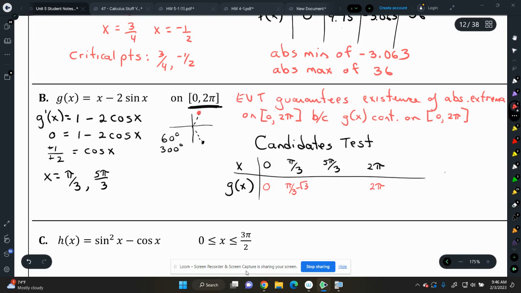But let's see where we can go with it. Sine of 300 degrees will be negative square root of 3 over 2. And we're multiplying that by negative 2, so that's going to be a positive square root of 3. So we're looking at 5 pi over 3 plus the square root of 3.